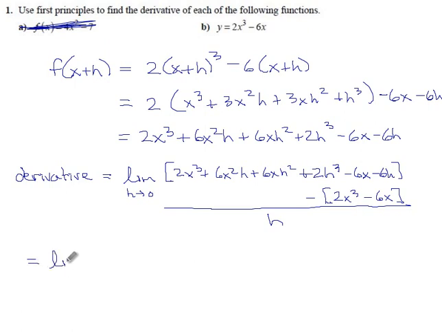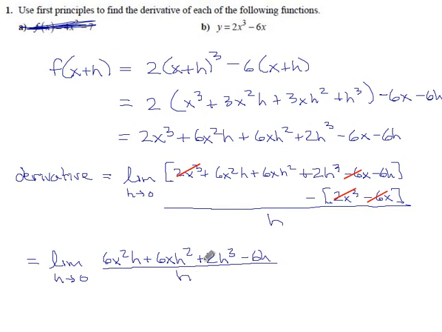So that's limit as h goes to 0. We have 2x cubed, and here minus 2x cubed. We have minus 6x, and here plus 6x, so those drop out. And that leaves us with 6x squared h plus 6xh squared plus 2h cubed minus 6h all over h.